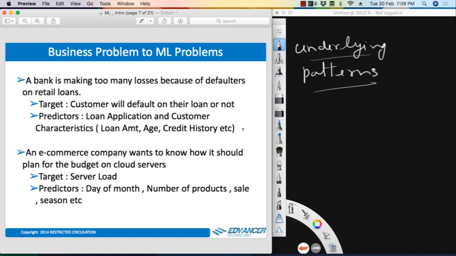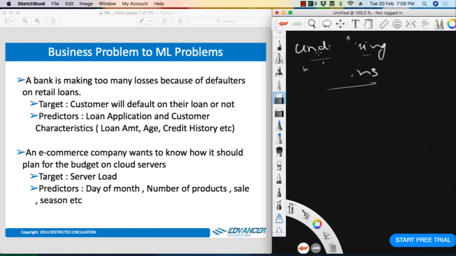So the first problem says, or the real business problem talks about that a bank is making too many losses because of defaulters on retail loans. So if you think about this business problem from the common sense perspective, we can bring down the impact of defaulters by identifying the defaulters before we give them a loan.